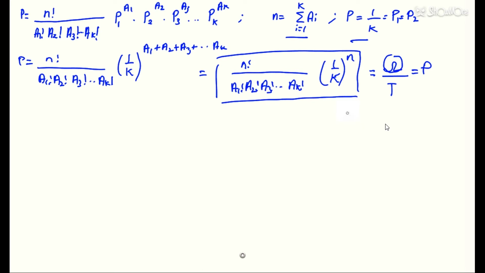So the number of desired outcomes divided by the number of total outcomes, right? So in our case, we can say that t is equal to n to the power of p, the number of all possible outcomes for a set of p.